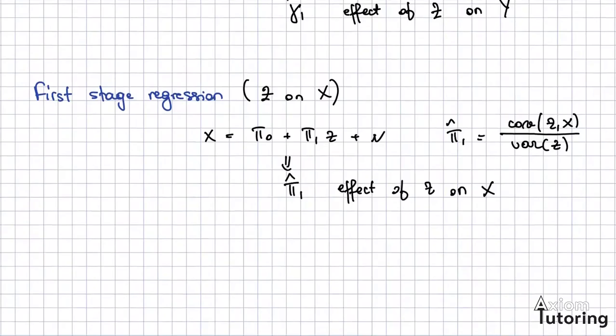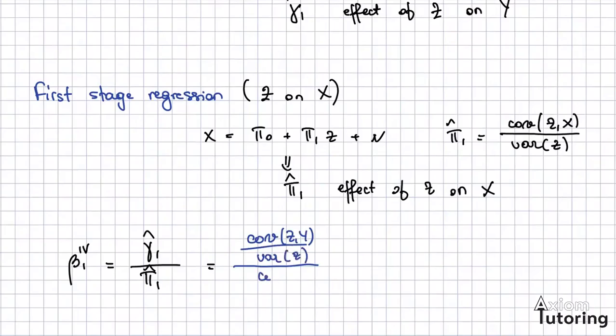So basically what we're saying is that our beta 1 IV is literally this gamma 1 hat divided by pi 1 hat. If we write all of the formulas in here, you will notice that this is the covariance of z and y divided by the variance of z, over the covariance of z and x divided by the variance of z.